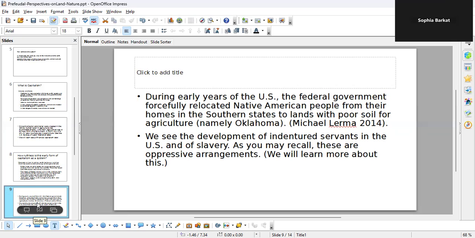And of course, we have talked about indentured servants and slavery, and the fact that these two were actually very big institutions in the early stages of European colonialism in the US. We know that these are oppressive arrangements, right? So we know that the system is not a fun place, basically.